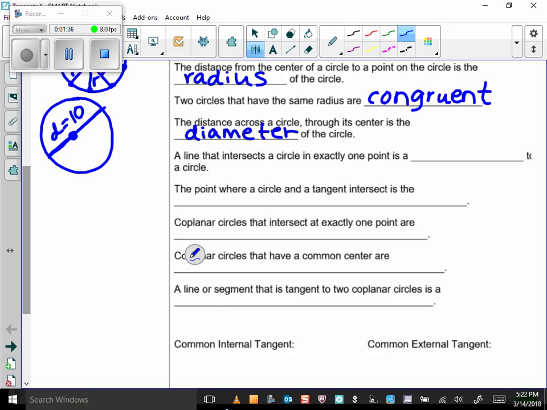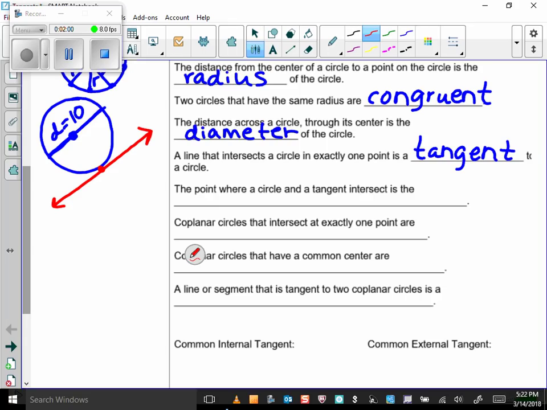A line that intersects a circle in exactly one point is a tangent to the circle. So let me go up here to our circle and add a tangent. Let's say here's the point that line is going to go through, and we have to pretend that line actually touches that circle. That line is tangent to the circle, intersects it at only one point.